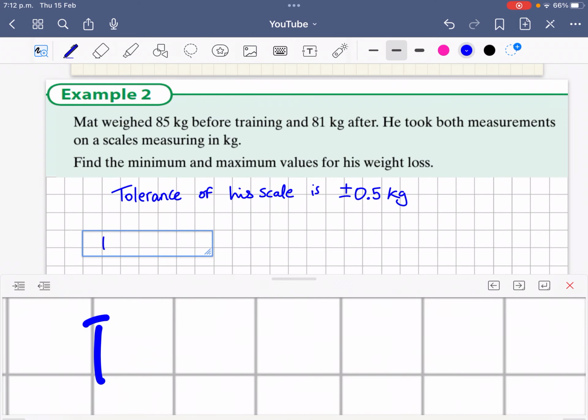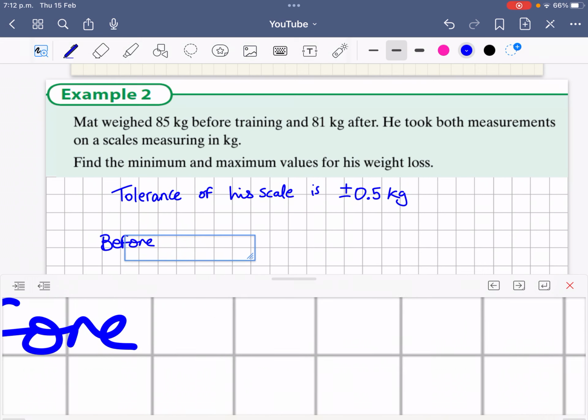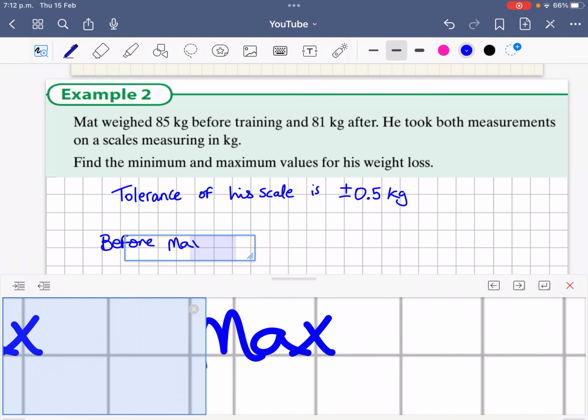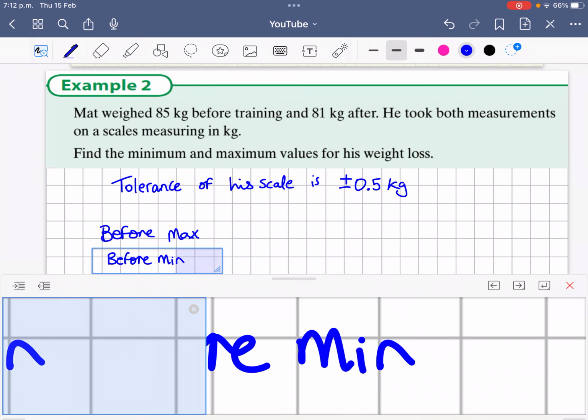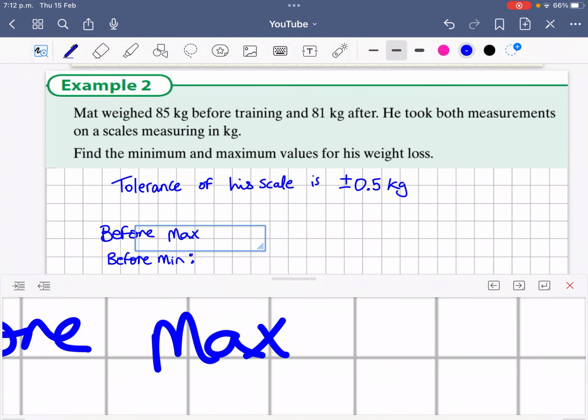So we'll do before max, the before min, or minimum. We'll calculate those.